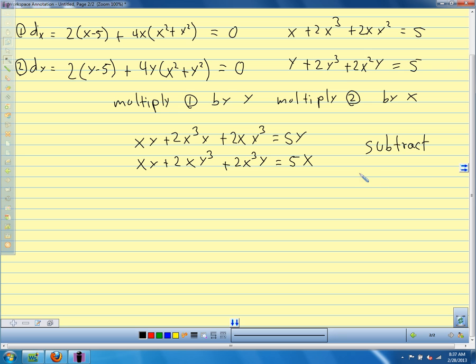So I'm going to subtract, and I end up with 5y minus 5x equals 0. So this tells us that y equals x.